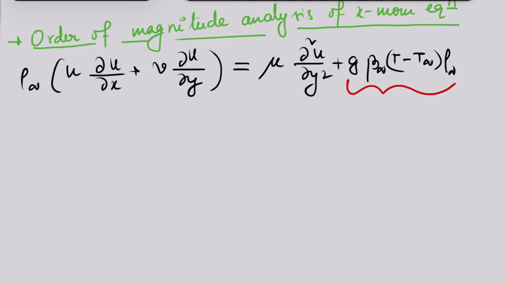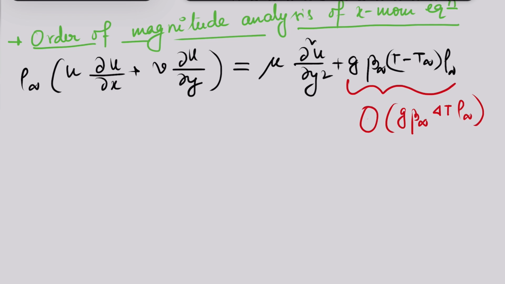Obviously that term is this one, because Boussinesq has thought so many things that I cannot take the density constant for this term. So this term has something special, and it is the term governing the flow, so we cannot drop it. This is of the order of g beta infinity delta T reference into rho infinity. This is almost like a constant.